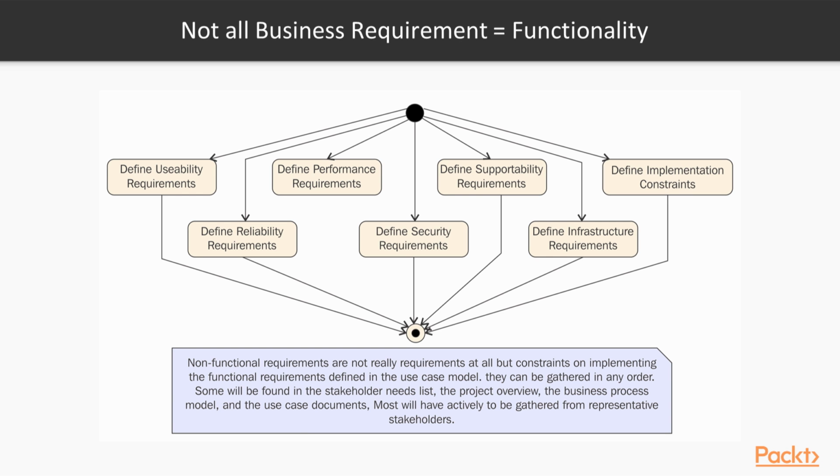Because when we work with businesses, they'll have things that maybe aren't as defined as a piece of functionality on a website. Now, non-functional requirements are not really requirements that need constraints, but they can be gathered in order to kind of hear what your business is trying to get accomplished. Now, stakeholders may have many needs, many outputs, but the project overview starts to weed out what the web or what the app or whatever that thing can do, and what are things that are kind of broader, like it should make users feel good.